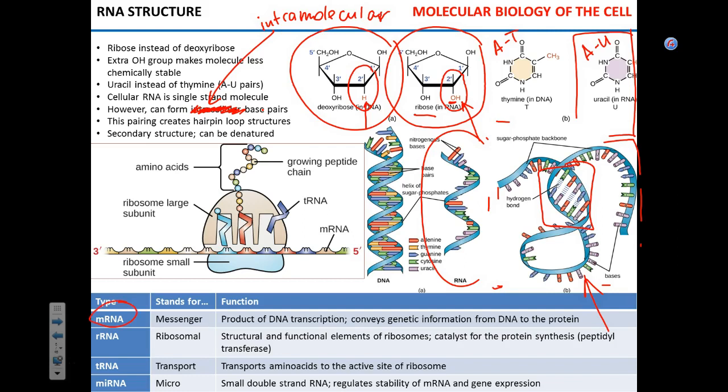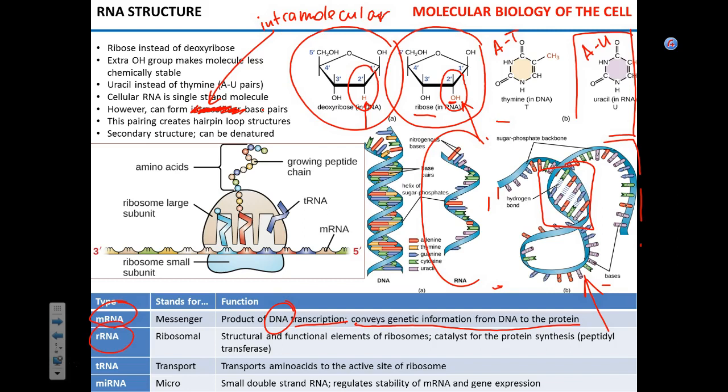It's part of the gene expression process. Gene in the DNA is transcribed into mRNA, which transfers the genetic information, okay, in order to make a protein. mRNA is the template for protein synthesis.